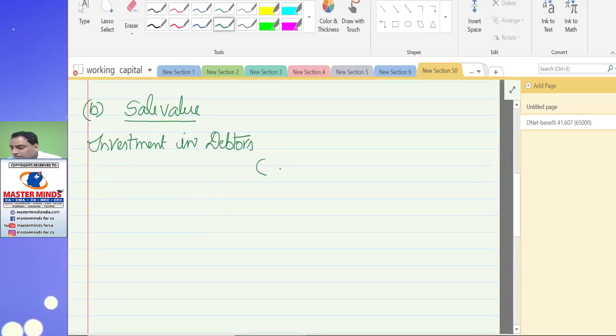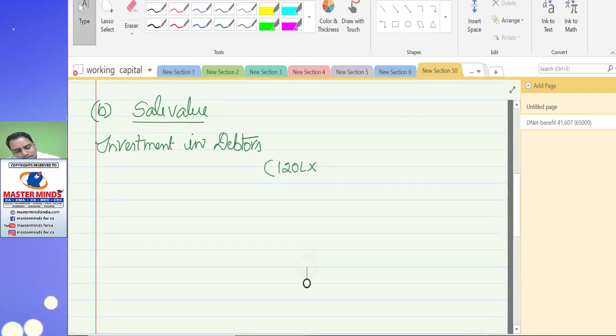Right now the total sales are 120 lakhs into 35 days credit period, 35 by 360. 11,66,667 is the investment.